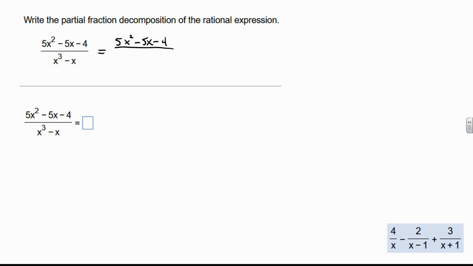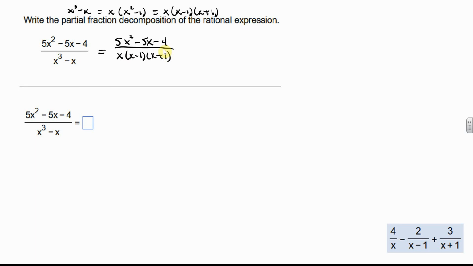You got to factor this denominator. You factor x to the third minus x. First, you can pull out an x, so you get x times parentheses x squared minus 1. And then when you factor x squared minus 1, you remember that's just x minus 1 times x plus 1, right? So my factors here are x, x minus 1, x plus 1.